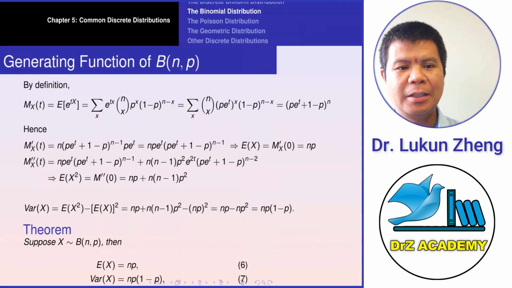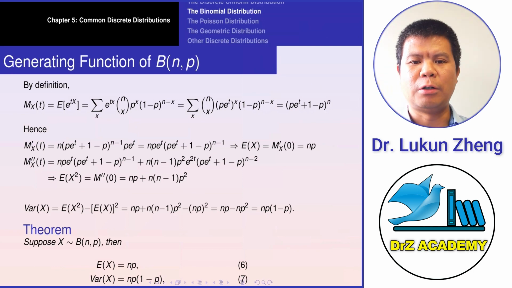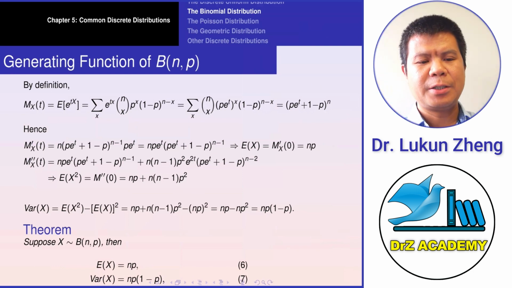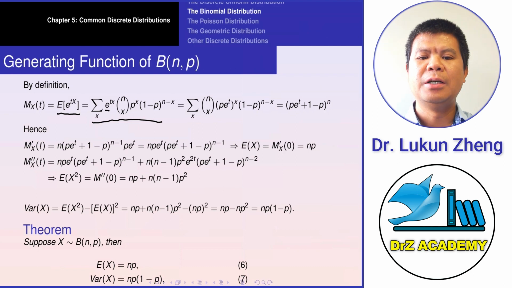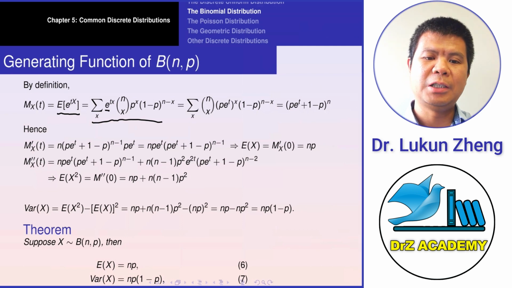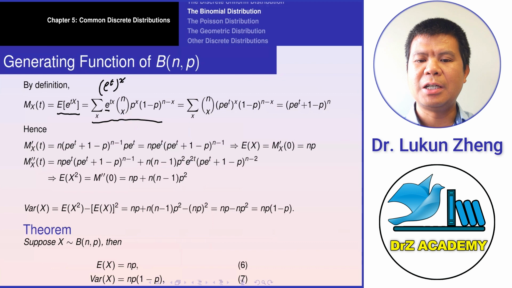Now let's consider the moment generating function for the binomial distribution. By definition, the moment generating function is the expectation of e to the power tx. So it equals the summation over x of e to the power tx times the PMF. e to the power tx is e to the power t raised to the power x, and then just put them together here.